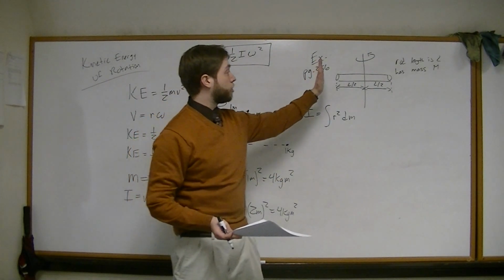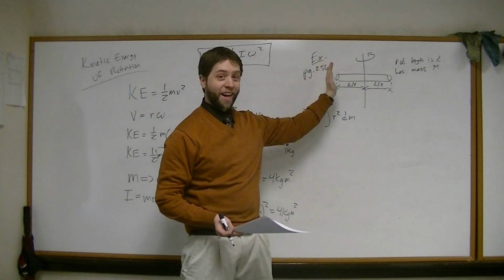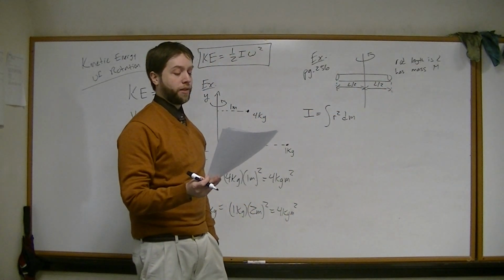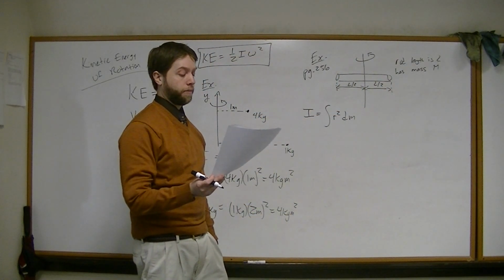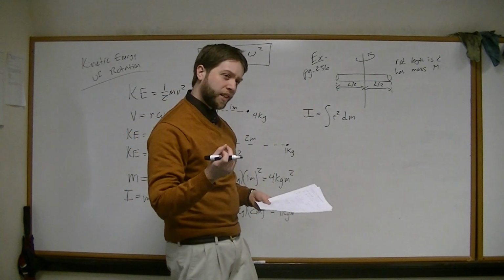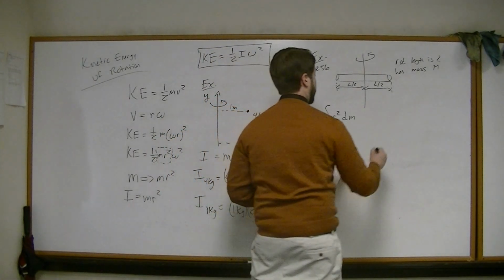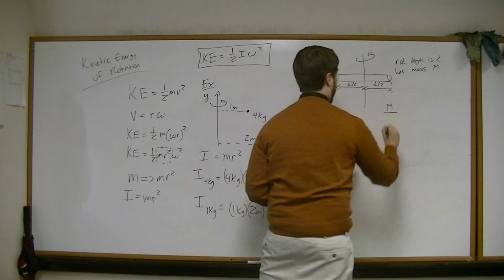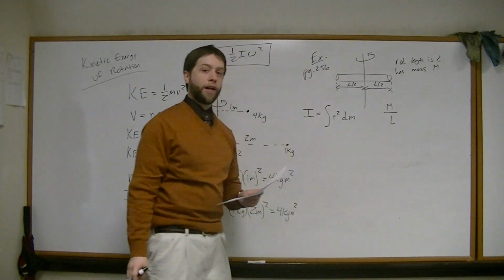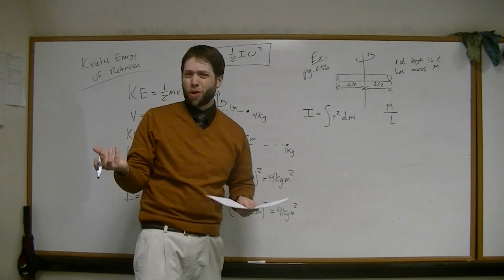That way we can start at one side of the rod with some x position and then move along the rod to the end with some x position. To do that, let's do something that looks at the density, kind of. Let's take the total mass of the rod, M, and divide it by the total length of the rod, L. That gives us something sort of like density.